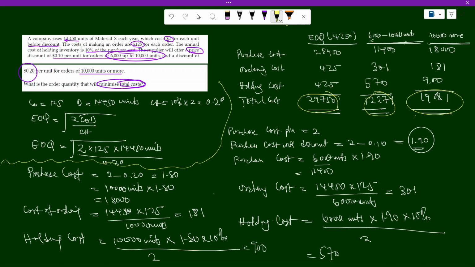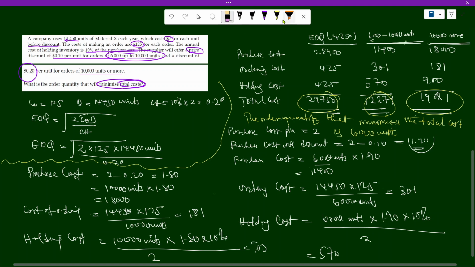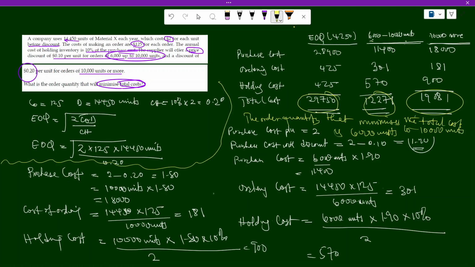So the order quantity that minimizes the total cost is 6,000 units to 10,000 units.